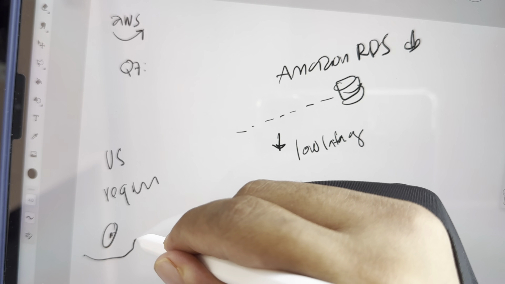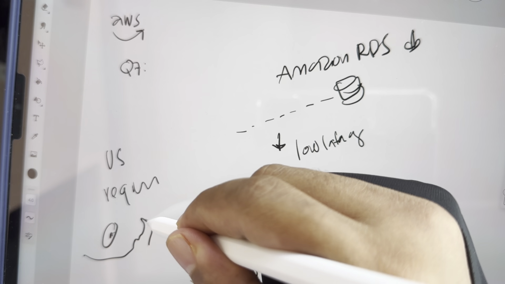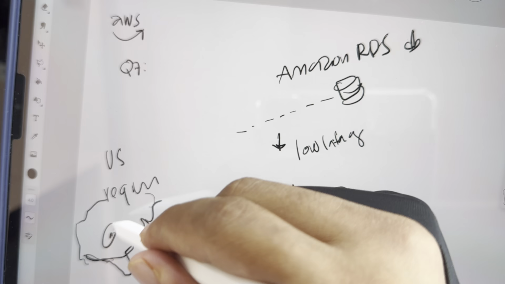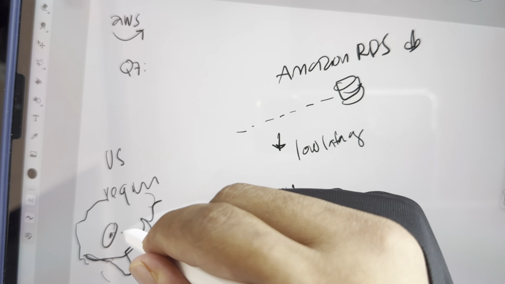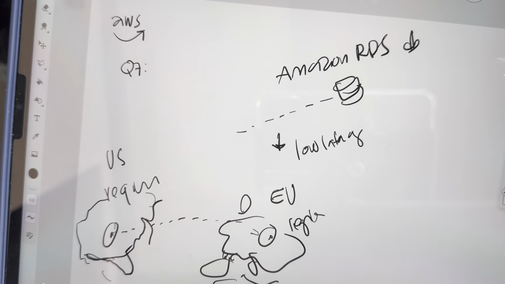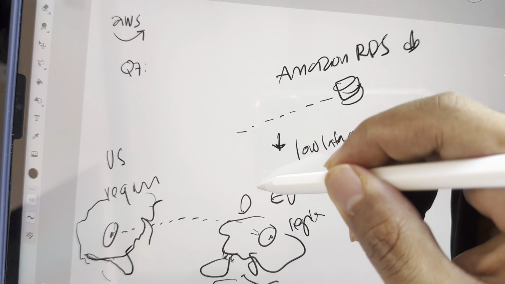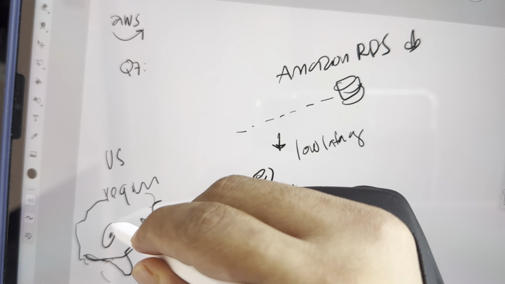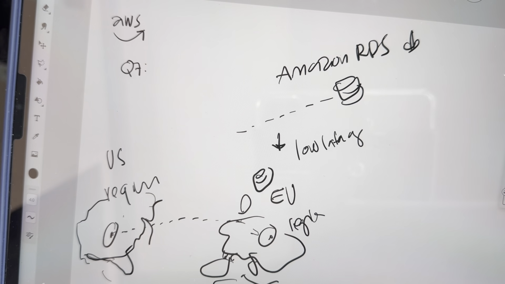And then this one here is the US, Florida. So low latency access. Okay, so the company requires low latency access to an Amazon RDS from a different region. So maybe the database is in EU and it's being accessed from the US. Okay.